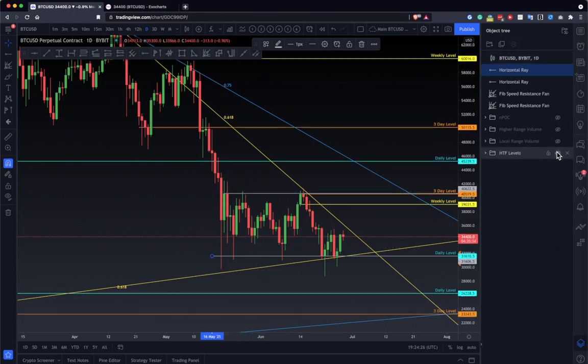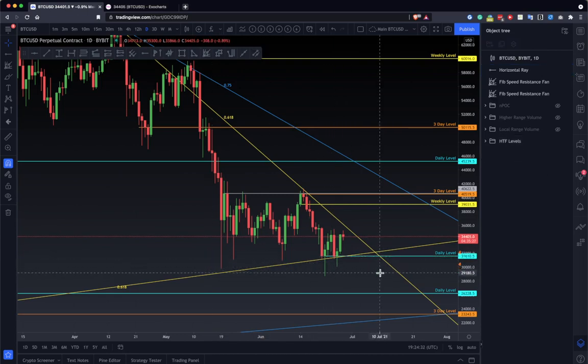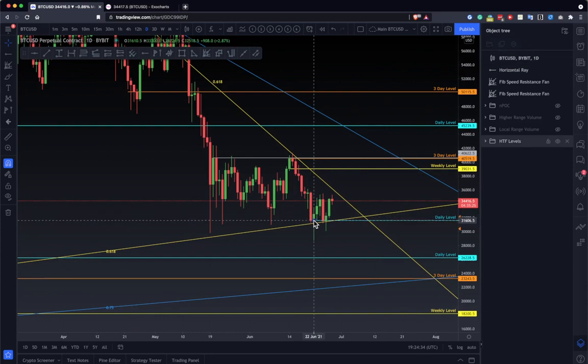I think I have them. I have a daily, so even on your high time frame levels, you can extend this daily. You can see that you have a high of the range.